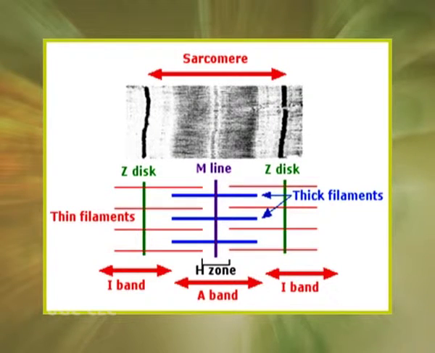There is no change in the width of the A band, but both the I bands and the H zone almost completely disappear. These changes are explained by the actin and myosin filaments sliding past one another so that the actin filaments move into the A band and H zone.